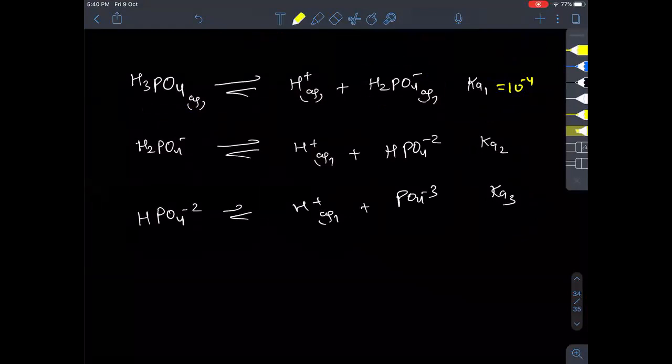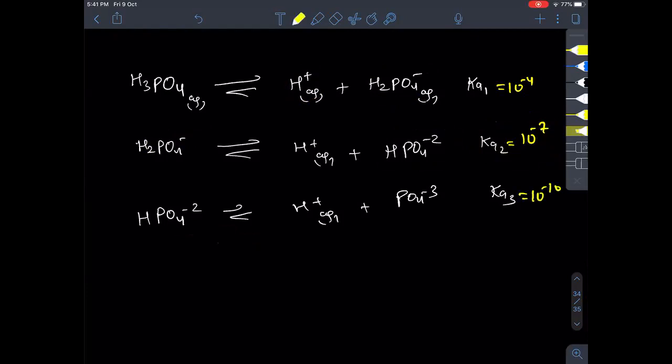But I'm taking it just to make the calculation easier. And suppose the second dissociation will be even more difficult, right? Because once you have ionized, this has already become negative. So it is quite difficult to remove the H+ from a di-negative ion, right? So 10 to the power -7. The third will be absolutely difficult, so I'm taking that to be 10 to the power -10.